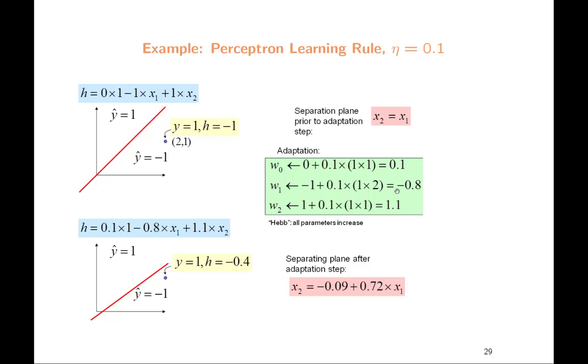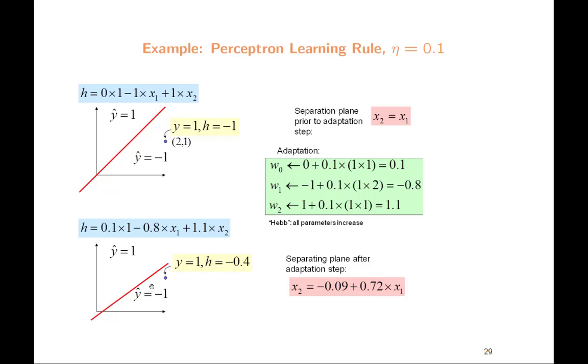So after adaptation, we have this h function: 0.1 times 1, so this changed from 0 to 0.1, then minus 0.8 times x1, it changed from -1 to -0.8, and plus 1 became plus 1.1 times x2. Then the separating hyperplane is defined by this function, minus 0.09 plus 0.72 times x1.